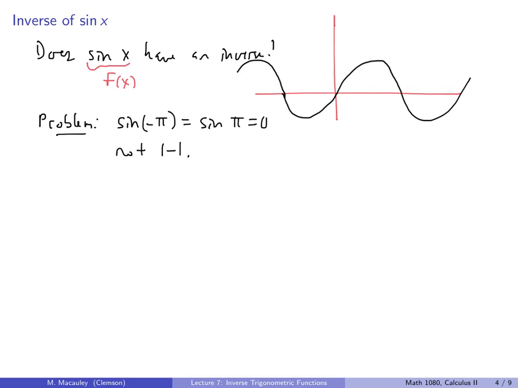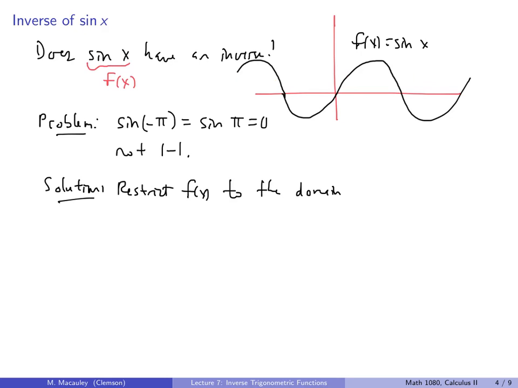But one solution is we can restrict this function. This is f of x equals sine of x. We can restrict the domain to negative pi over 2 to pi over 2.